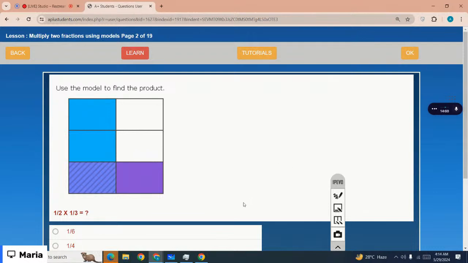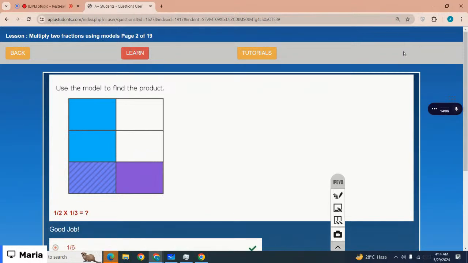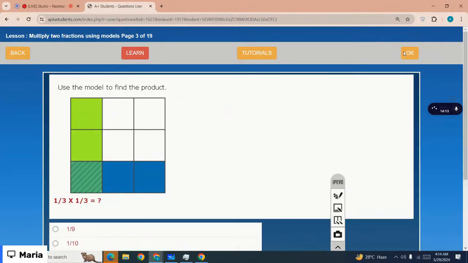The correct option is one out of six. Use the model to find the product.